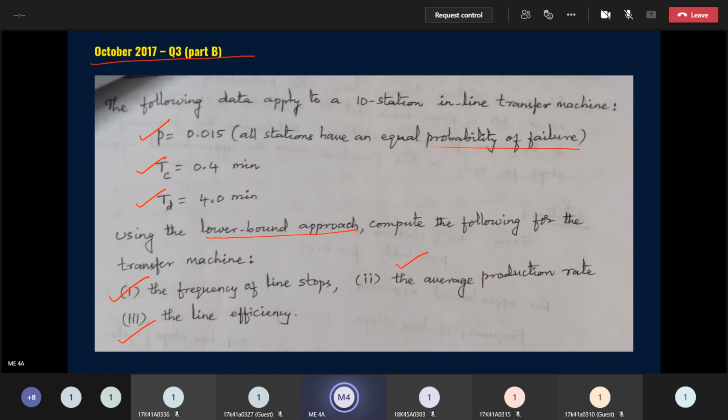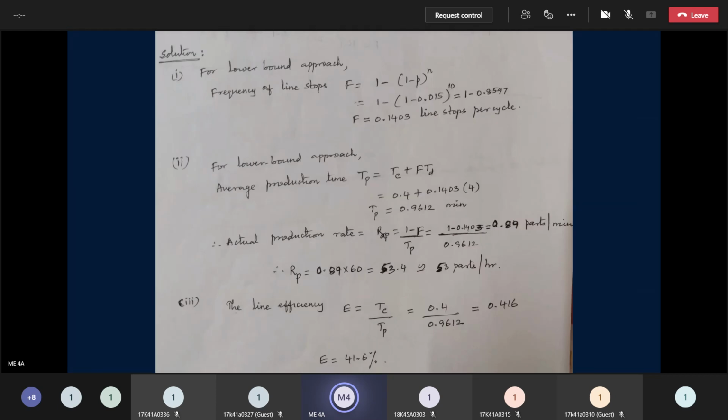So for the lower bound approach, a different set of formulas I gave. For the lower bound approach, frequency of line stops is 1 minus (1 minus p) to the power of n. We even derived this formula in the earlier classes. So this is 1 minus (1 minus the probability of failure 0.015) to the power of, how many number of stations are there? 10.